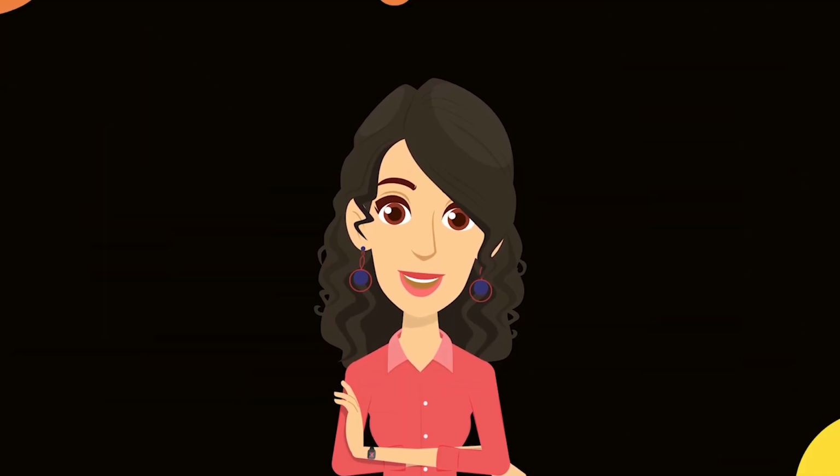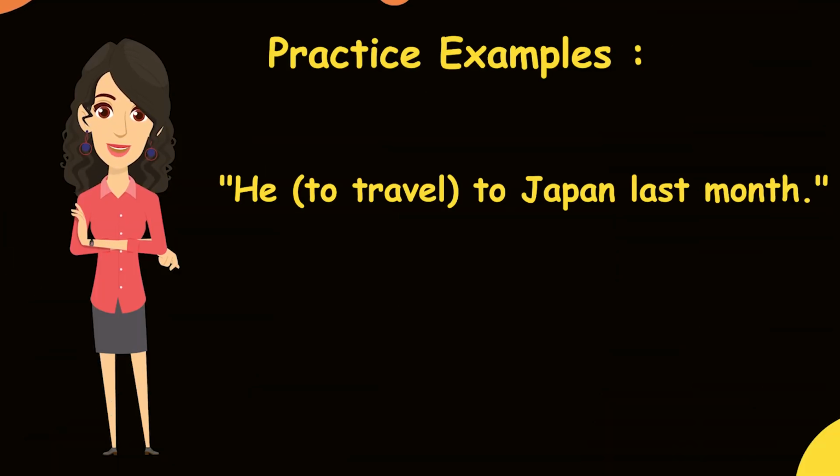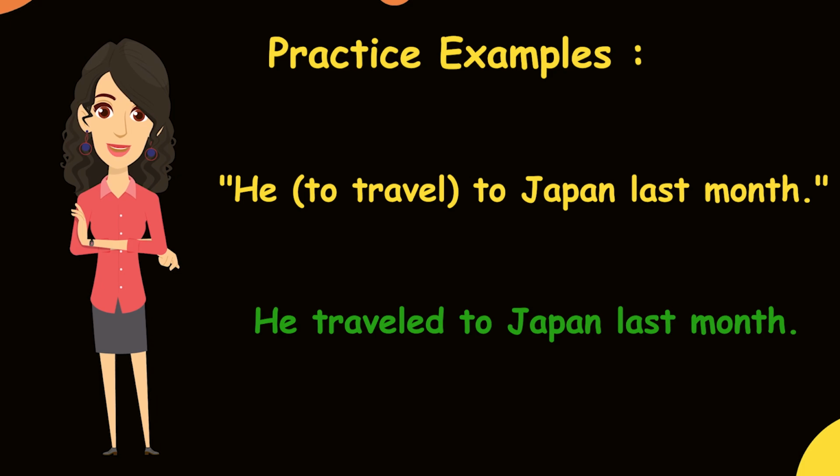Now we arrive at the last part of this lesson. Let's practice forming past simple sentences. We will complete these sentences together. He to travel to Japan last month. That's correct. He traveled to Japan last month.